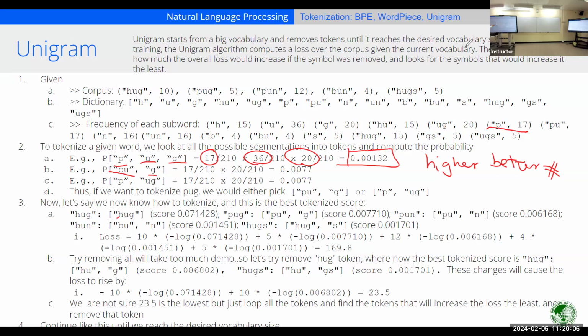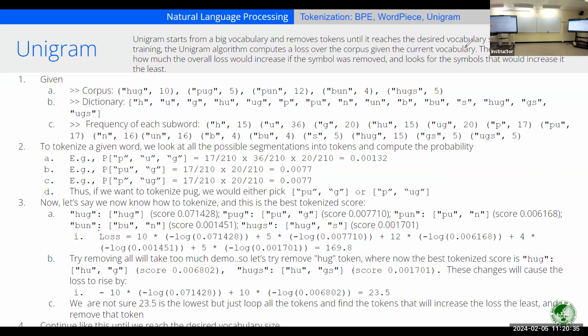So now you also do the same for P, U, and G, and P and UG, right? You already have all the probabilities in this table, so you should be able to get all of this. Now I want to stop a little bit. Can you guys do this for me?